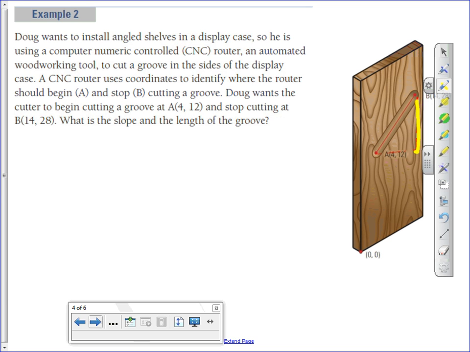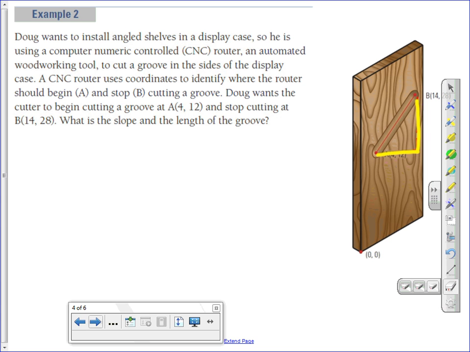Okay, we have a rise and a run going from point A to point B. I can't really see the coordinates now because I've covered them up, but point A goes from 4 to 14 on the x-axis, so the run is 10.